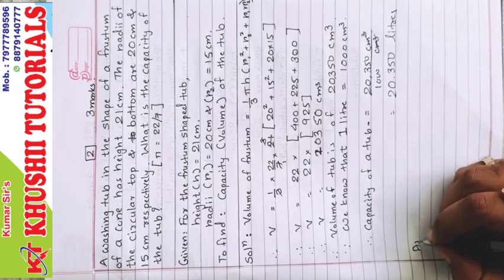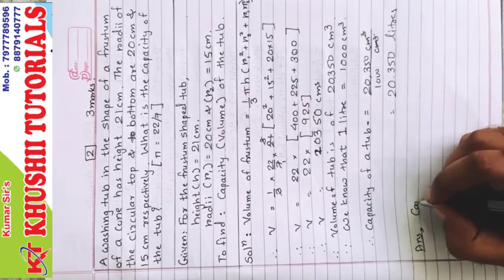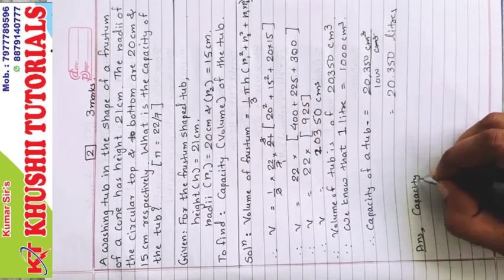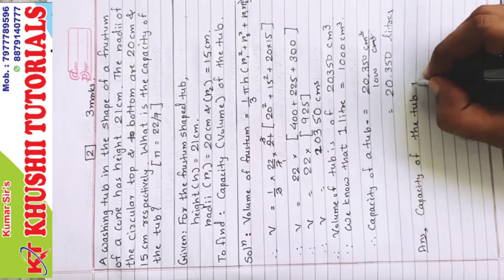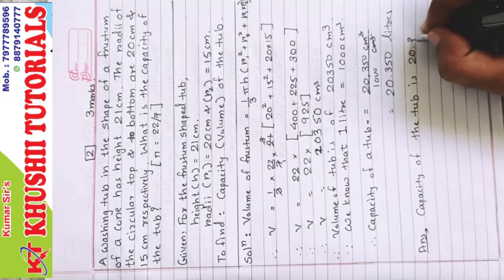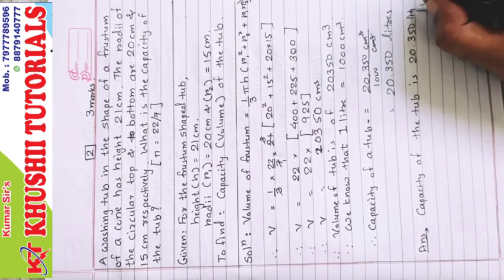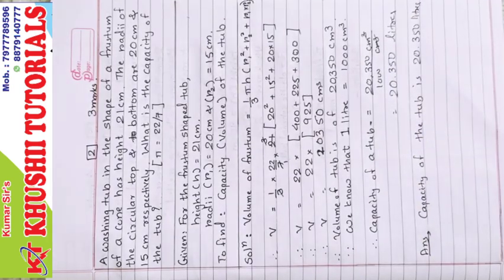So answer, capacity of the tub is 20.350 liters. And this is the end of sum number 2.